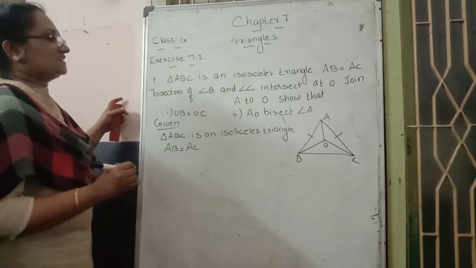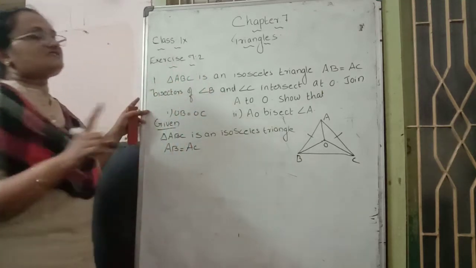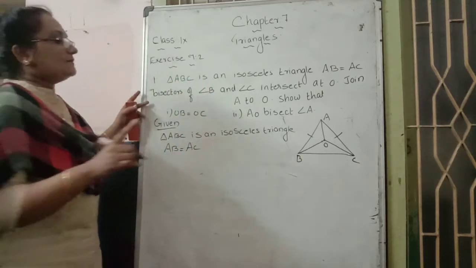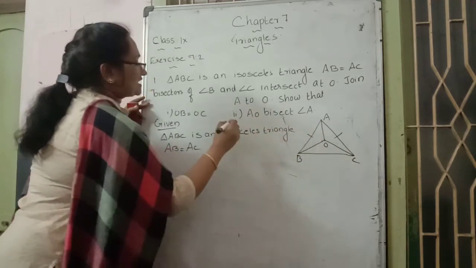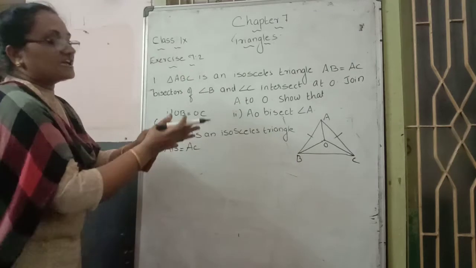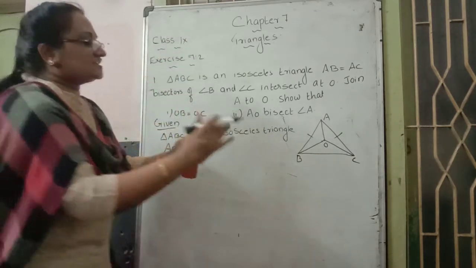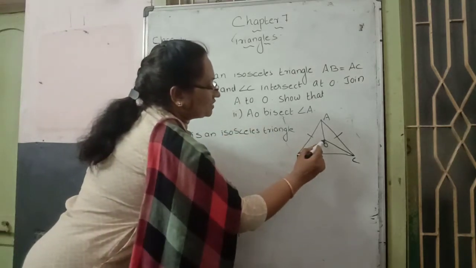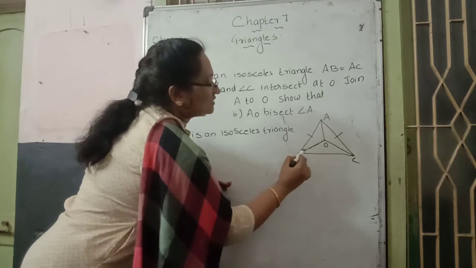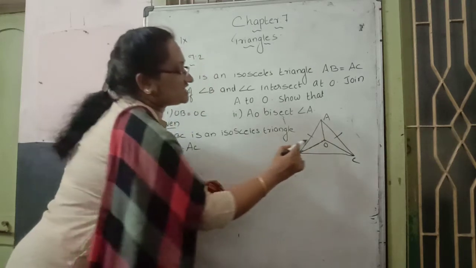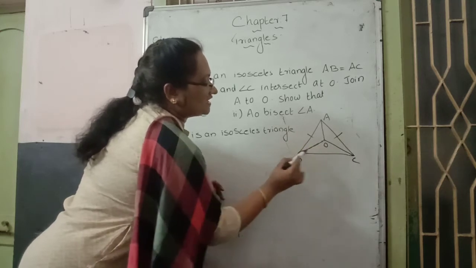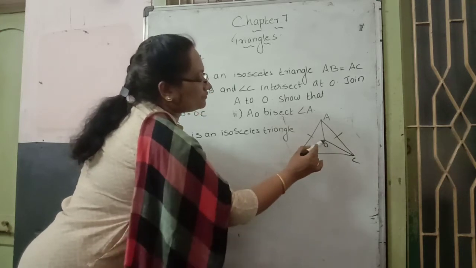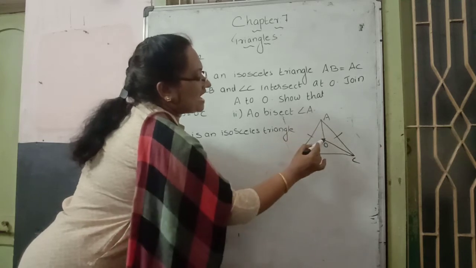Then next, they are telling that angle B and angle C are bisected. Bisect means they are cut by a line. By cutting angle B and angle C, we get the other angles: OBC and OCB, and on the top also OBA and OCA.